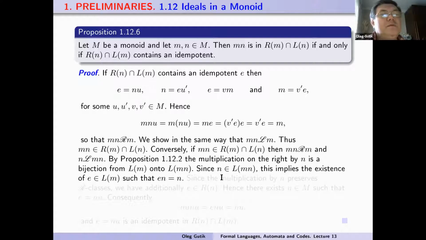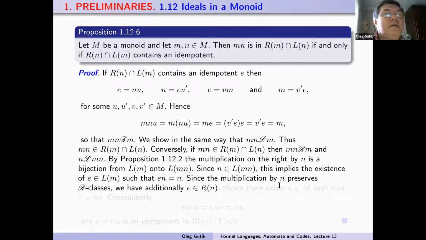Since n belongs to the class L_mn, this implies there exists e from the class L_m such that en = n. Since the multiplication by n preserves R classes, we have additionally that e belongs to the R class of n, R_n. Hence, there exists u, an element of the monoid M, so that e = nu.